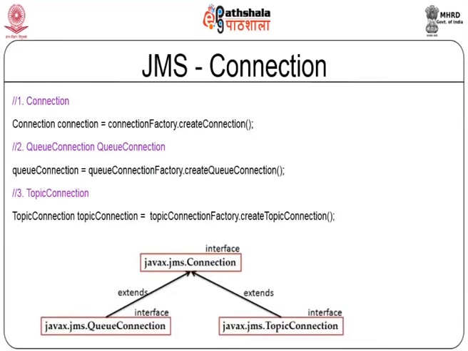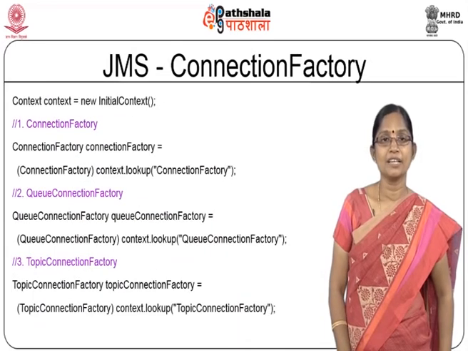Now, we can go through the code for it. Again, you can see that the interface is called javax.jms.Connection. This has been extended by two interfaces, QueueConnection as well as TopicConnection. Based on the usage of queue or topic, we can choose any one of the connections here. The connection is created using the handle which has been created as the connection factory in the previous slide.